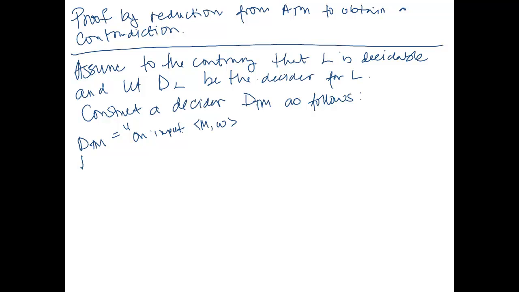Okay, so number 1, we're going to use the description of M along with the string W to construct a new machine, which we're going to name M prime W.